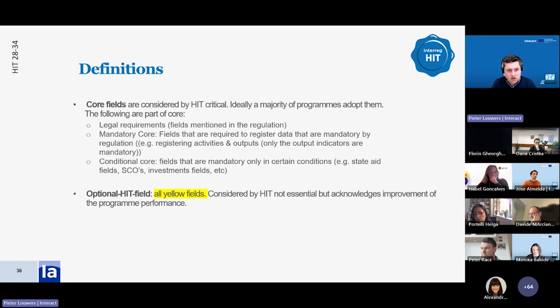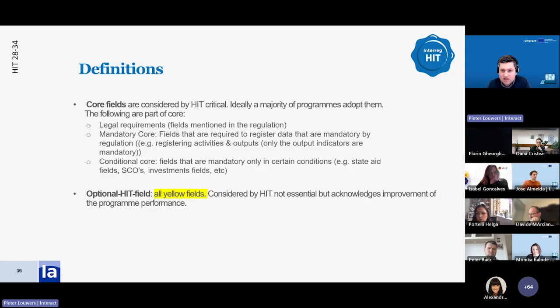Also, conditional core, this is also still considered core. This was sometimes a bit confused or mixed up in the old HIT. Sometimes we noticed that they were marked in yellow, even though they should have been gray. But this means basically fields that are mandatory according to the regulation in certain conditions.